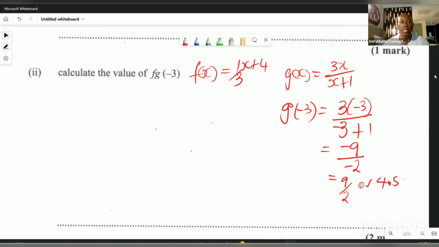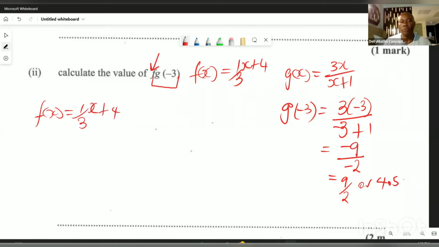So then what we want to do now is insert that value that we have for g of -3 into f. So basically, the f function says f of x is equal to 1/3 x plus 4.